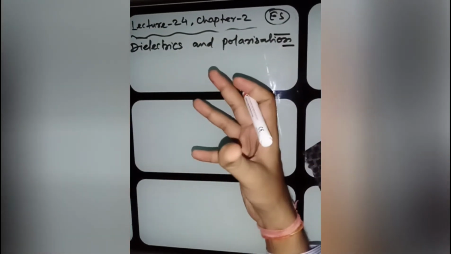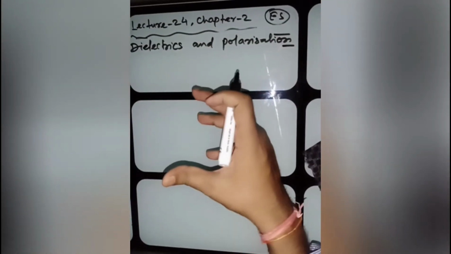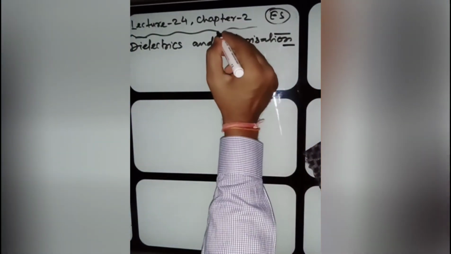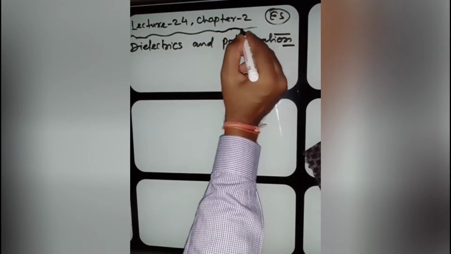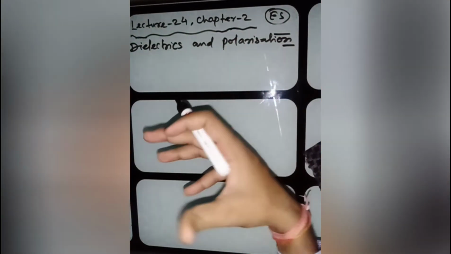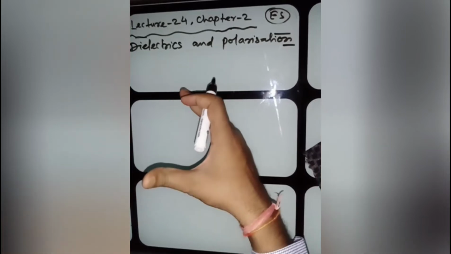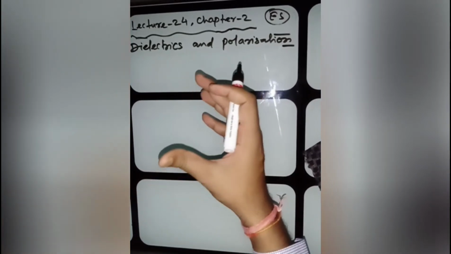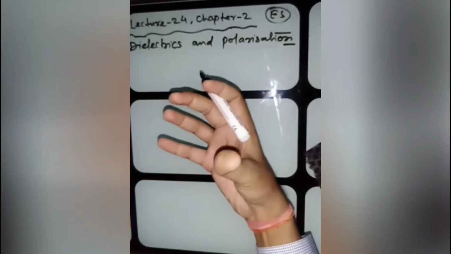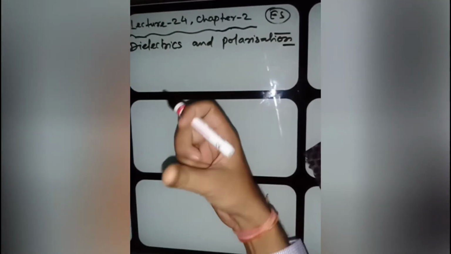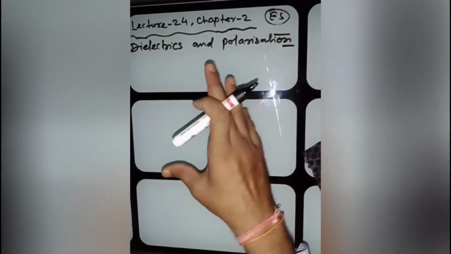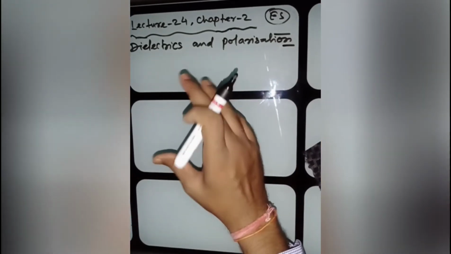Actually, my dear students, when Michael Faraday was doing an experiment on the capacitor, he found that several materials increase the capacitance, that is the capacity of the capacitor, and that all these materials were insulators.